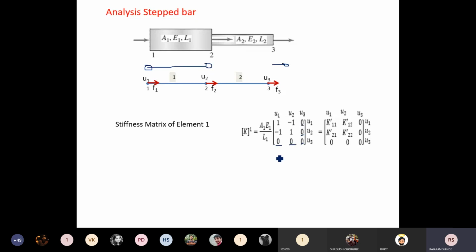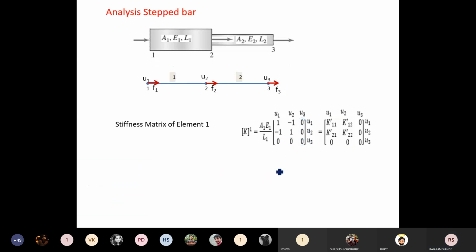You have to remember this. This is useful while solving the problem. When we write the stiffness matrix for element number 1, the terms corresponding to node number 3 are 0. We agree with this.